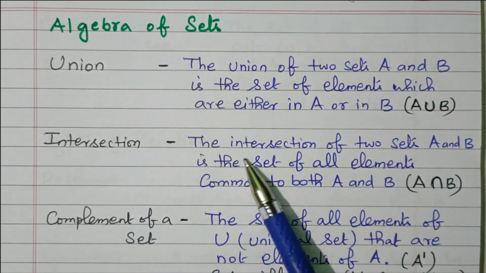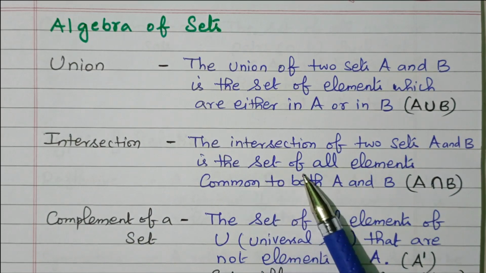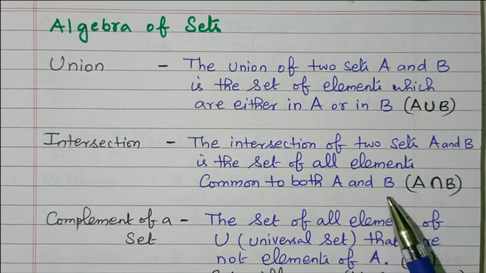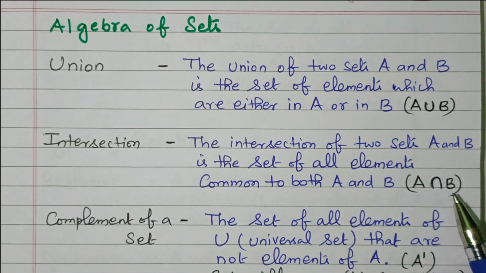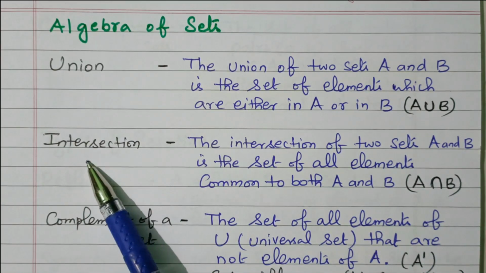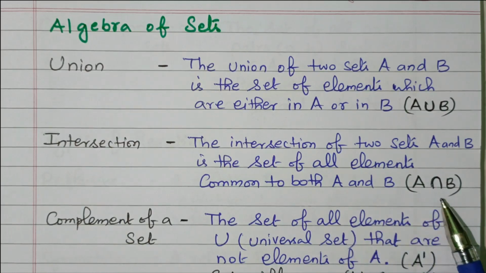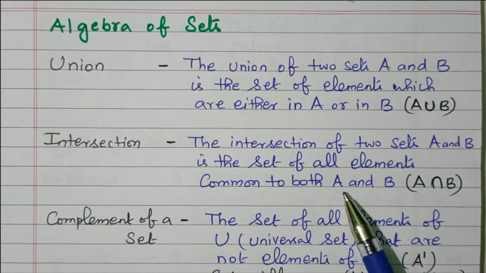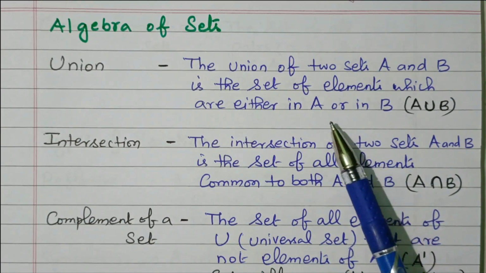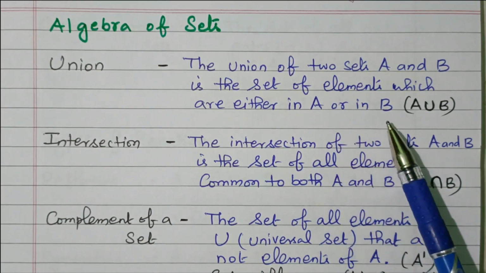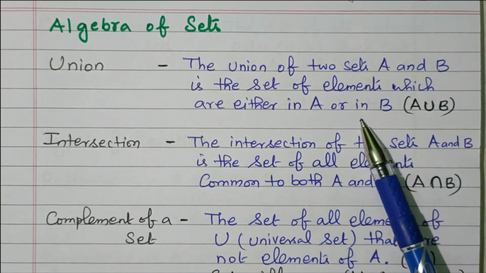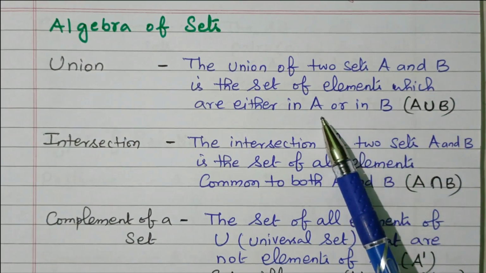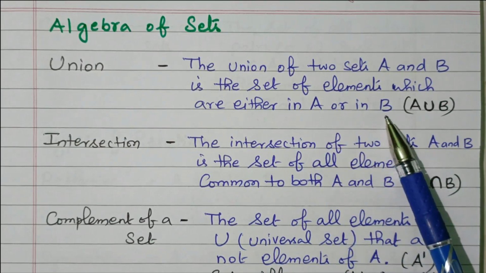The intersection of two sets A and B is the set of all the elements common to both A and B. The elements available commonly in A as well as B are grouped together, that is called A intersection B. But for A union B, the elements available in A and the elements available in B are all grouped together. For intersection, only the commonly available elements are grouped.